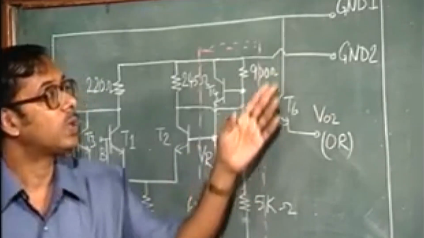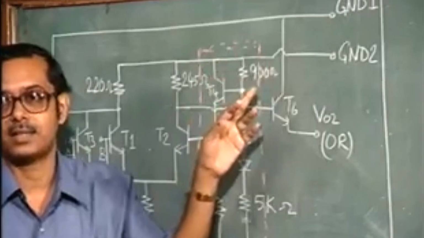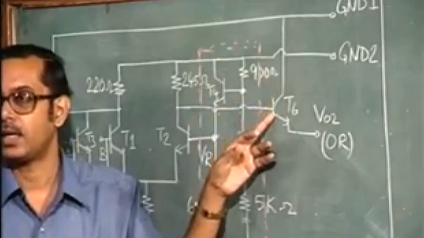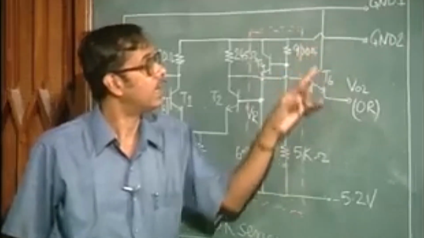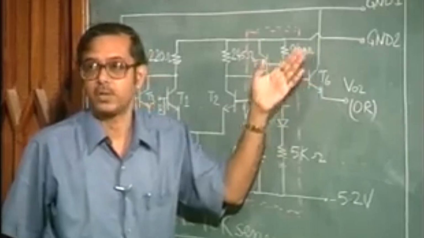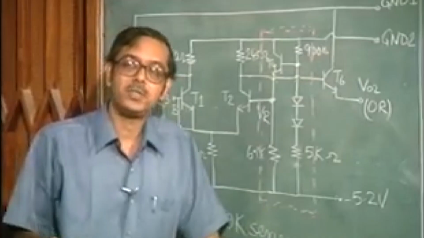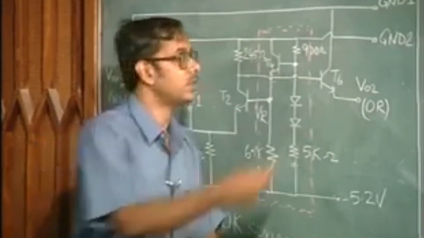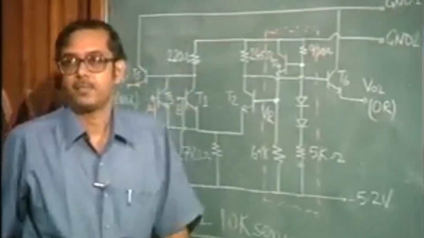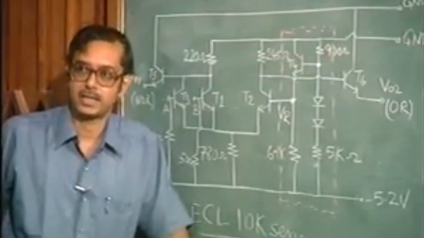So you are liable to have large current spikes flowing through these transistors, which may again give rise to variations in the power supply, as we have already discussed.